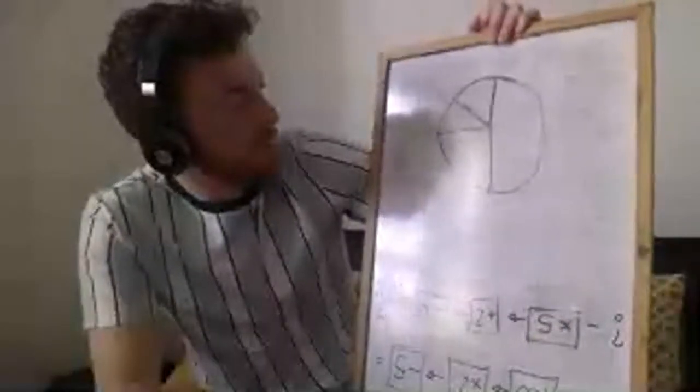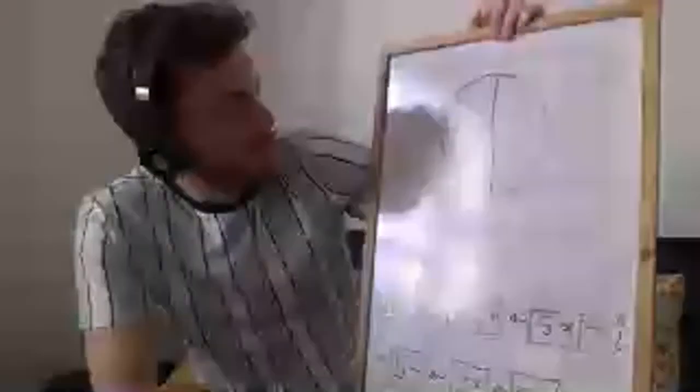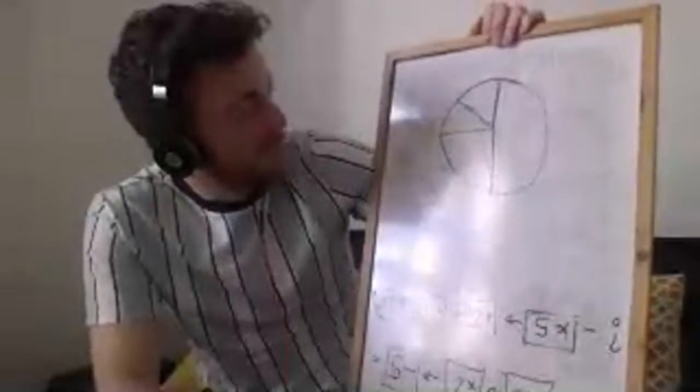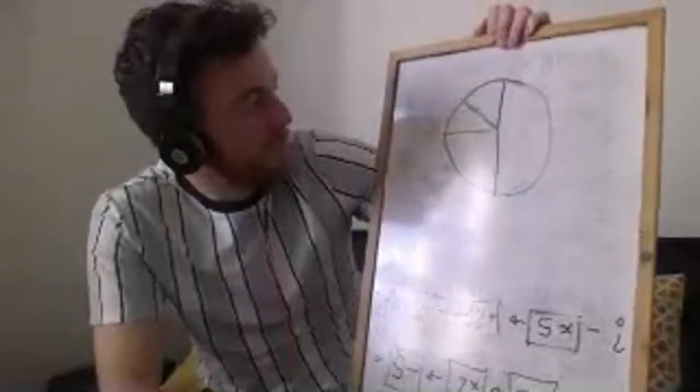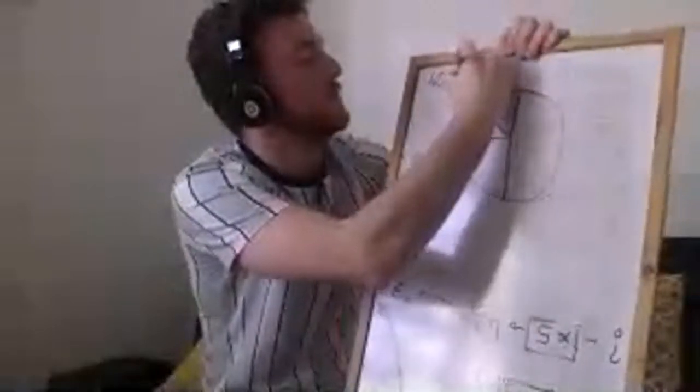We'll go 40. I'm trying to work a nice easy number so we don't get too confused. So this is a pie chart and it's of 40 pupils.